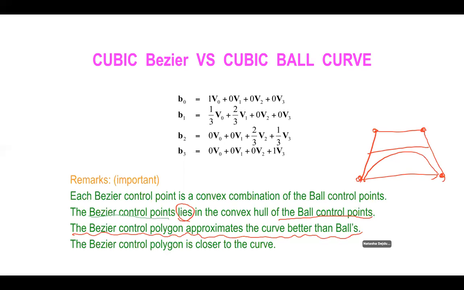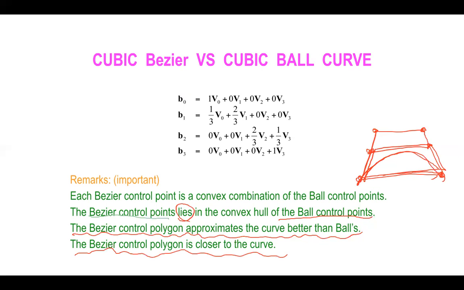Of course, because Bezier control points are closer to the Bezier curve, right? So they can approximate the curve better than ball. And once again, Bezier control points are closer to the curve compared to the ball control points.